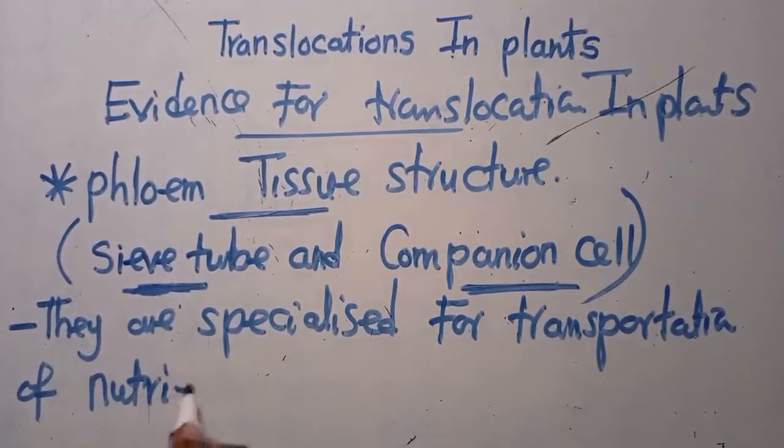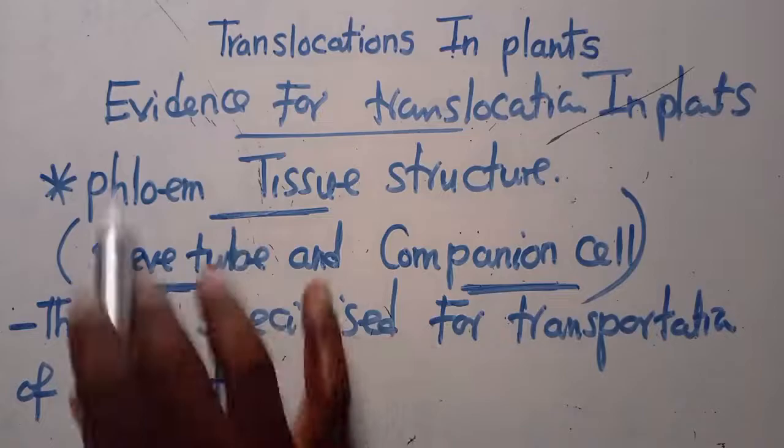You discover that these sieve tubes have what we call perforated ends in them, whereby they allow efficient flow. So this is something that proves that there is translocation in plants.